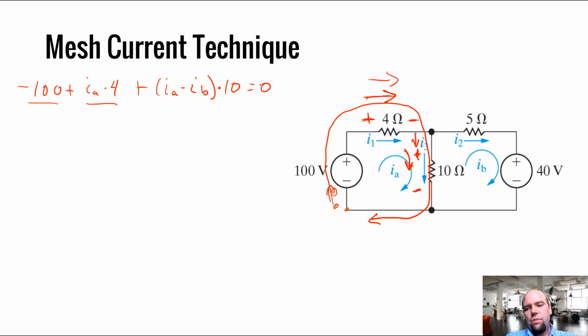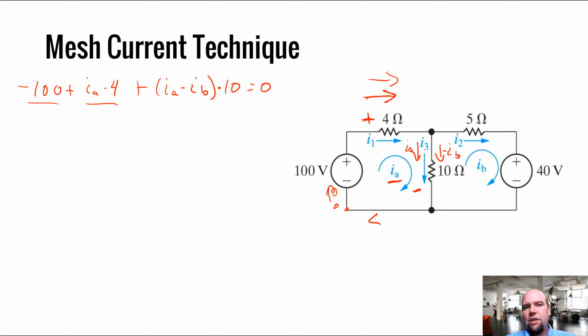Another way to think about this is, what's my current flowing down? Well, I have IA amps flowing down here, and I have negative IB flowing down here. So one way to think about it is, the currents flowing in the downward direction are IA and negative IB, and it's the sum of those two that gives me the total current flowing down.